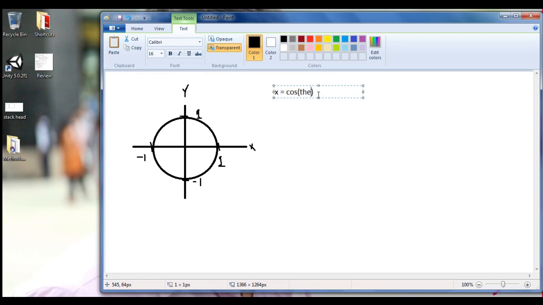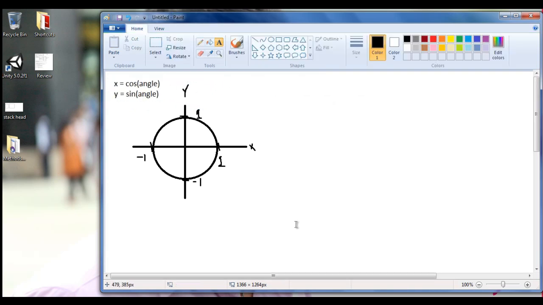If you give an angle to the cos function, it will give you the x position of an object in the unit circle. And if you want to find the y value, then you use the sine of the angle. If you give the angle, it will give you the y position of the object. Let us check it out.